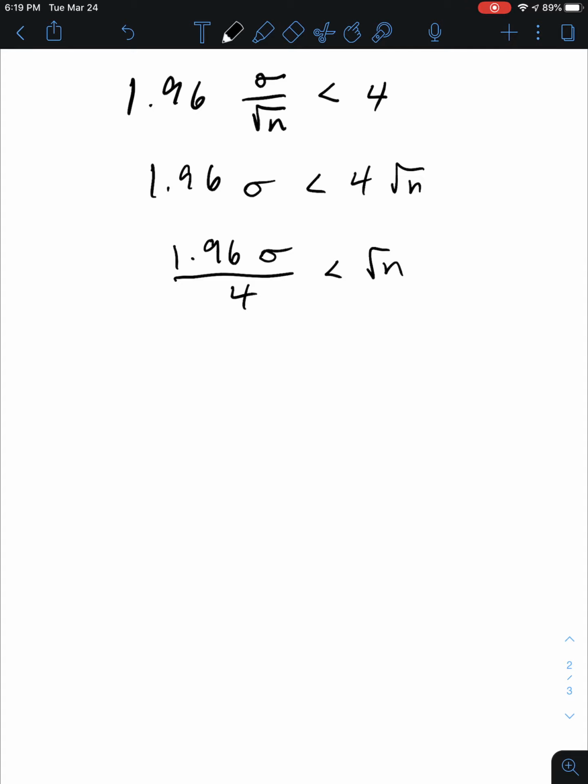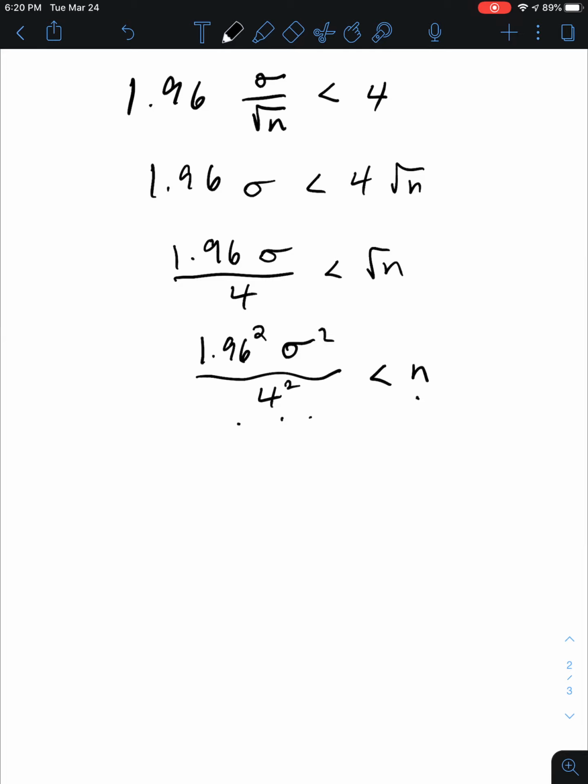And so I now square both sides of this equation. 1.96 squared, sigma squared, over 4 squared has to be less than n. So this is a condition on n. It tells us that n has to be bigger than a certain number in order to satisfy our condition.